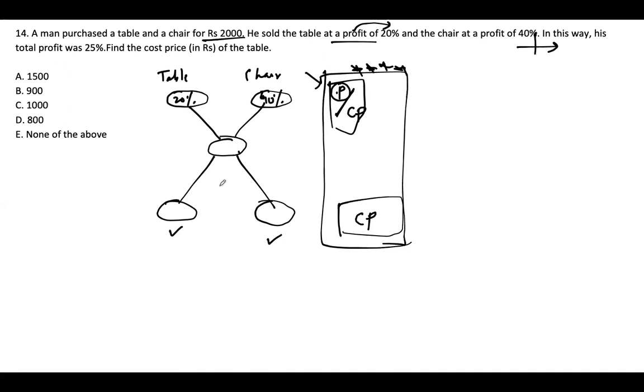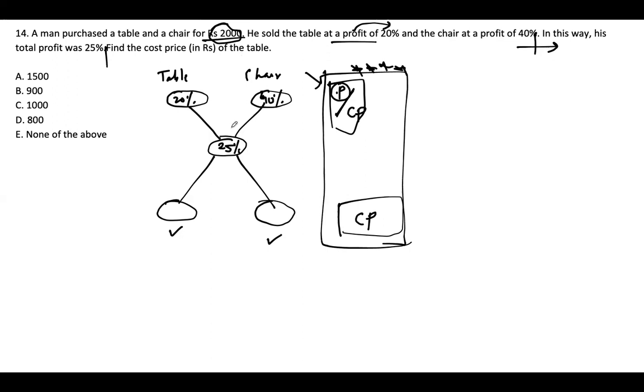Go on, Vatsalya. In this way, his total profit was 25%. Find the cost price of the table. Stop right there. So where should I write this 2000? So the cost price was 25%. Where should I write this information?